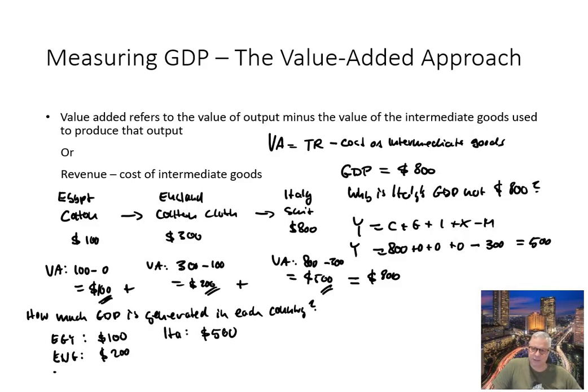But in an international economy and national accounting, we have to take into account the value of intermediate goods too. And if we do that, we see that GDP in Italy would be only 500 in the example of international trade. Okay, so this is just some additional information.